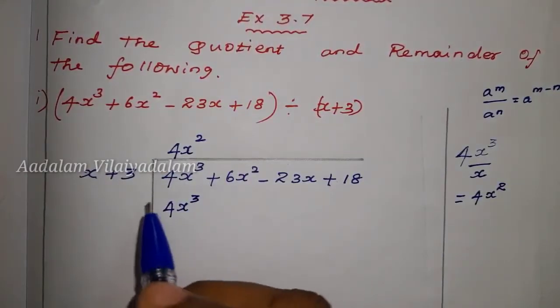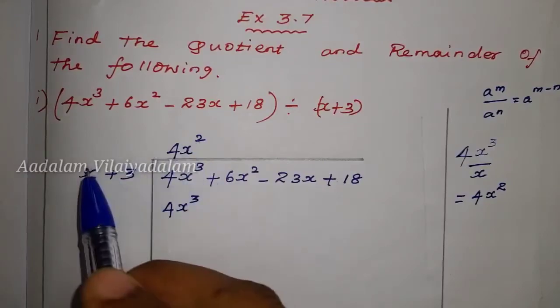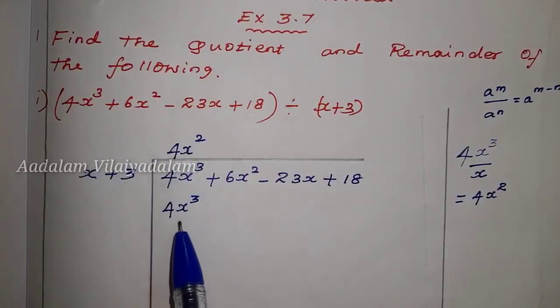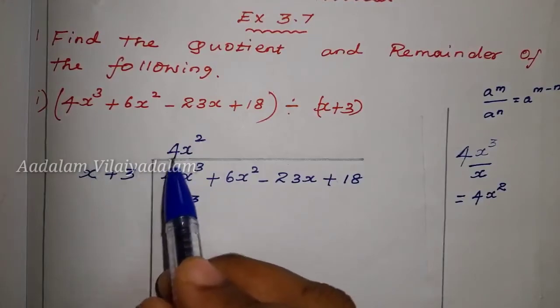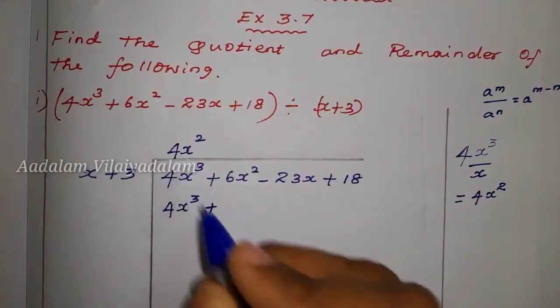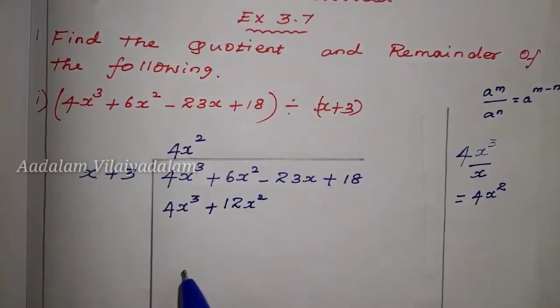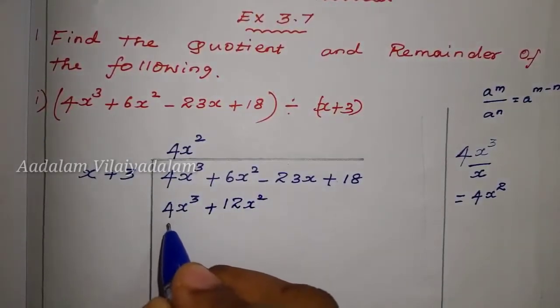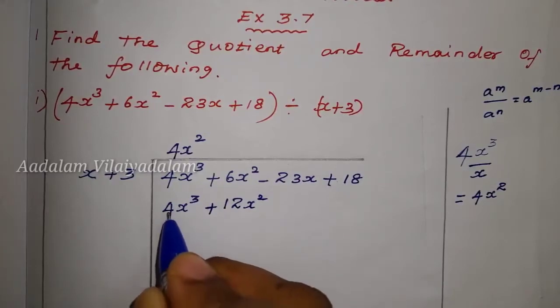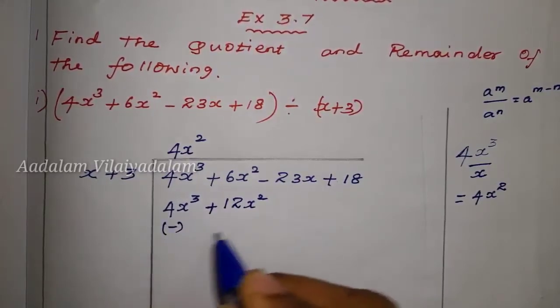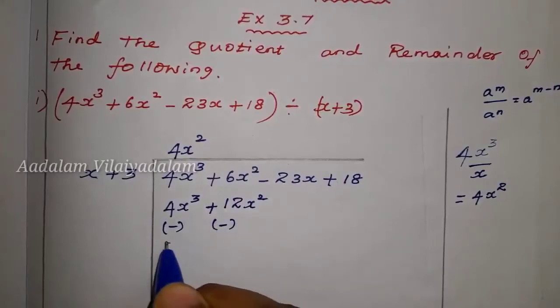In multiplication we add the powers, here power 2, here power 1, means 4x cube. Next 3 into 4x square, that is 3 4s are 12x square. Now subtract the term, change the sign in the second term only. So here plus means minus, here also minus.